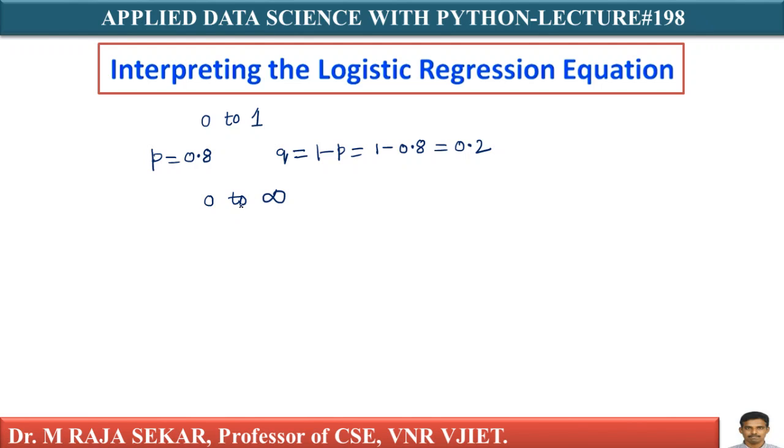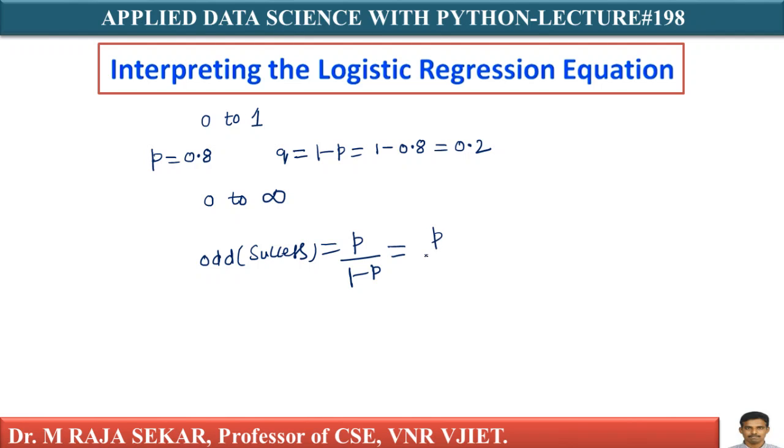This I already discussed in my previous lecture, lecture number 197. Odds are defined as the ratio of the probability of success and the probability of failure. The odds of success are equal to P by 1 minus P. This I already discussed, anyway, let me repeat.